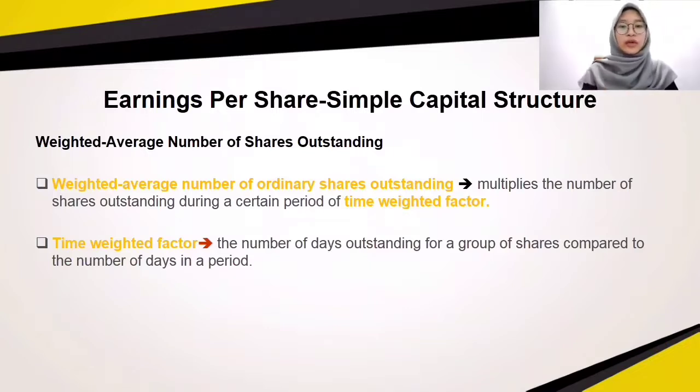The weighted average number of ordinary shares outstanding is calculated by multiplying the number of shares outstanding during a certain period by a time weighting factor. The time weighting factor is the number of days outstanding for a group of shares compared to the number of days in the period.